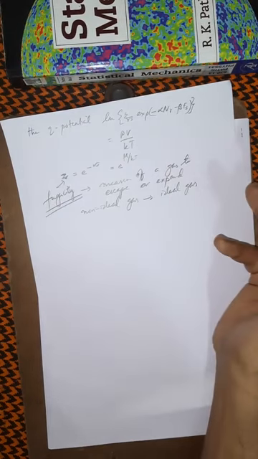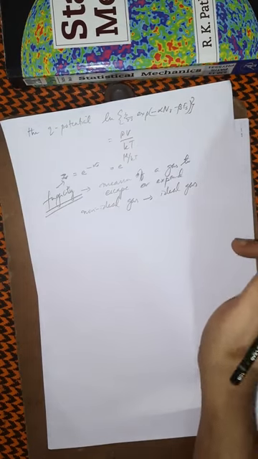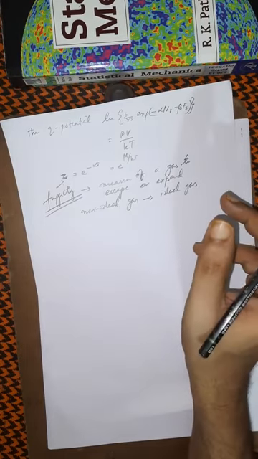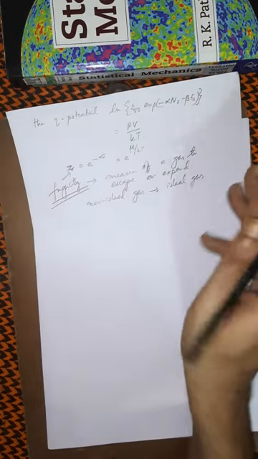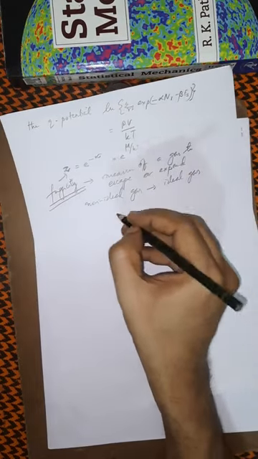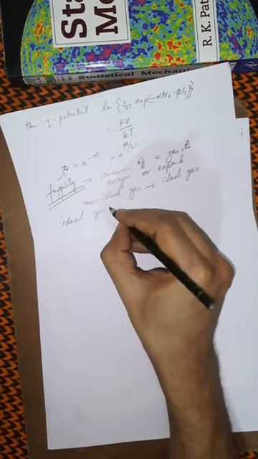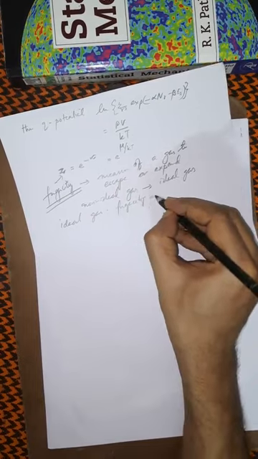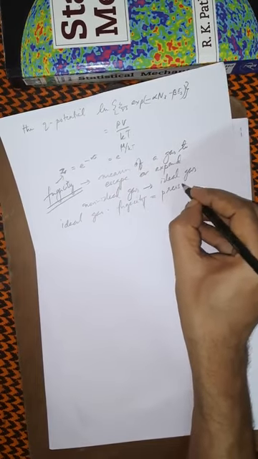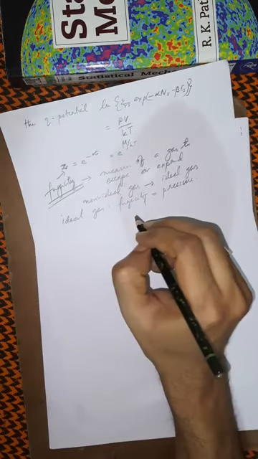So the question would be, if a gas is an ideal gas, for example, what will be its fugacity? In that case, the fugacity and the pressure are the same. For an ideal gas, fugacity is equal to pressure.